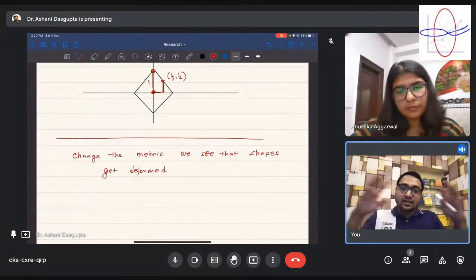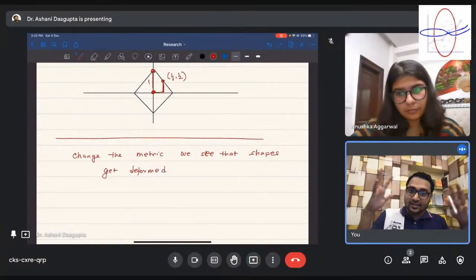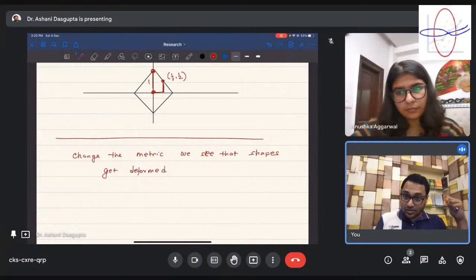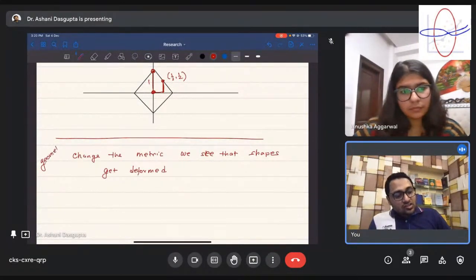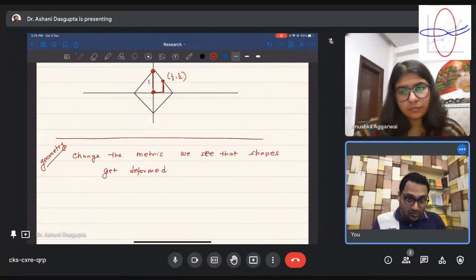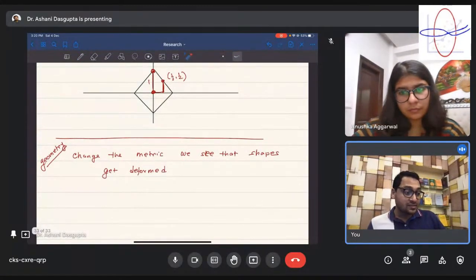A circle doesn't look like a circle anymore. It gets deformed and looks like a traditional square. So that way the geometry changes. The geometry changes. But then certain things will not change about the underlying space.